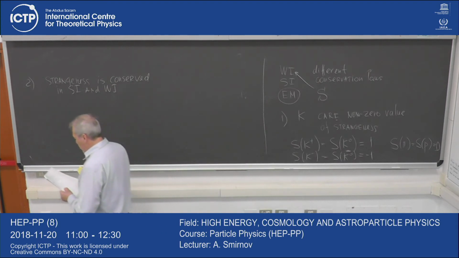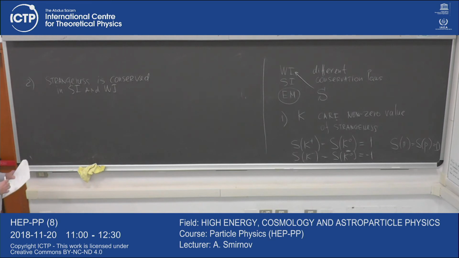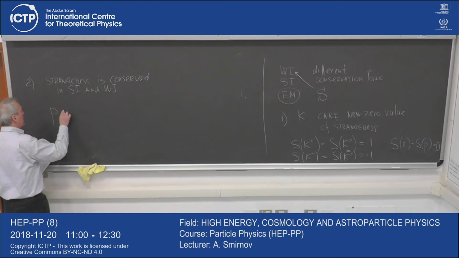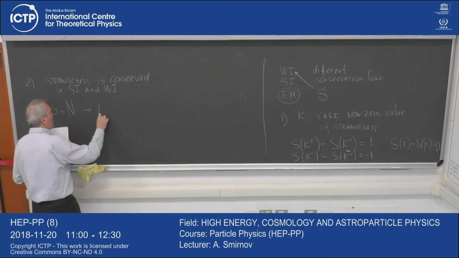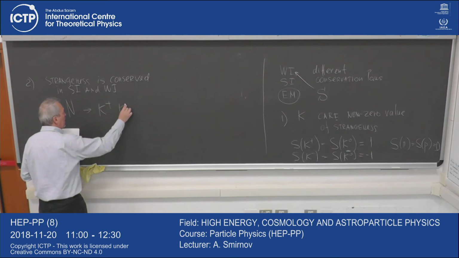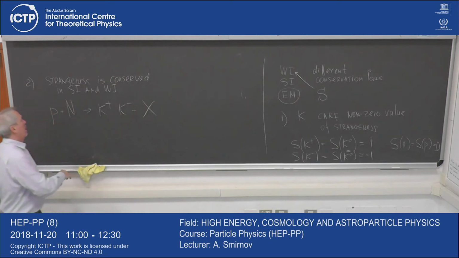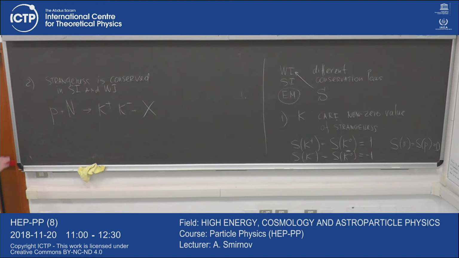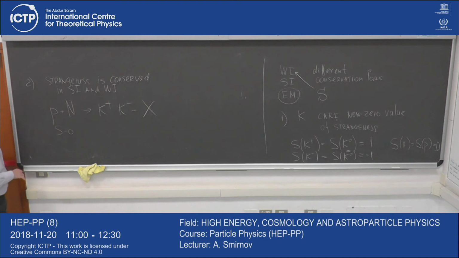For this reason, K mesons should be produced in pairs. They are produced by strong interactions. For instance, a proton interacts with nuclei and produces K plus, K minus, plus the rest. It could be a number of other non-strange particles. The strangeness of the initial state is 0, right? Because these are non-strange particles.